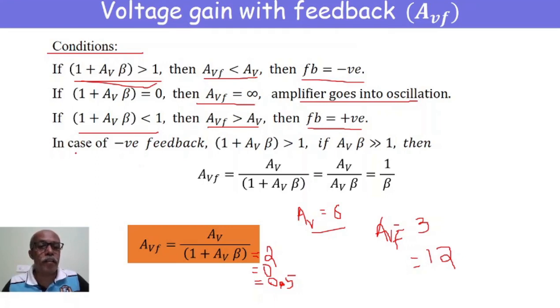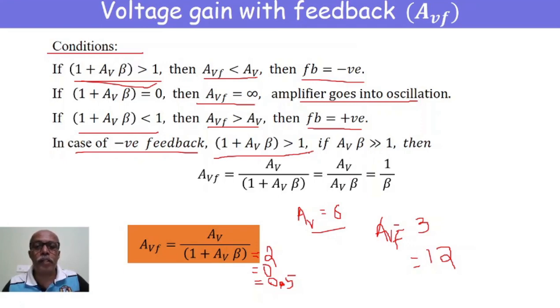Again, if the feedback is negative, the denominator value is greater than 1. Since it is greater than 1, AV beta will be greater than 1.